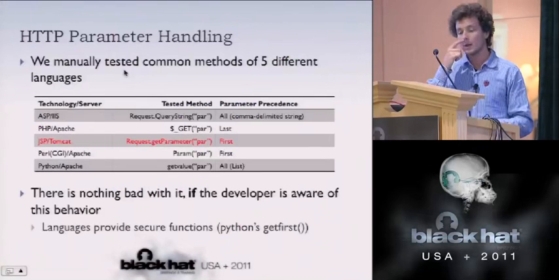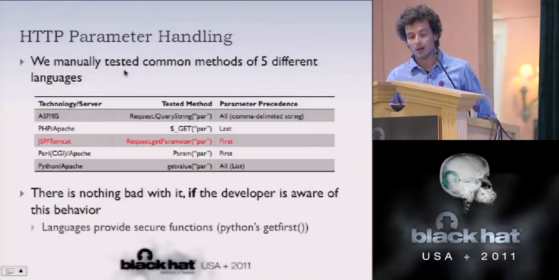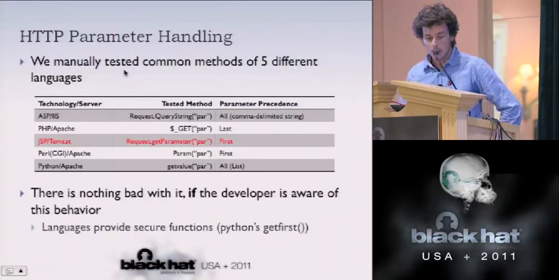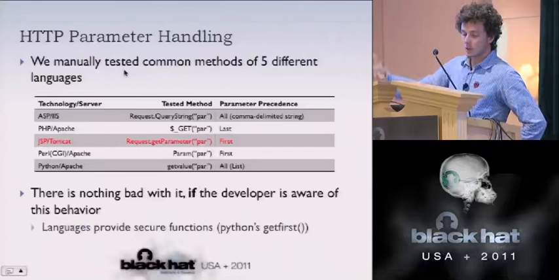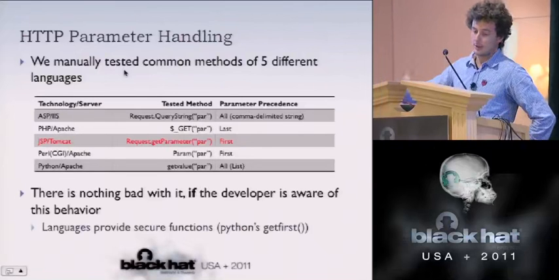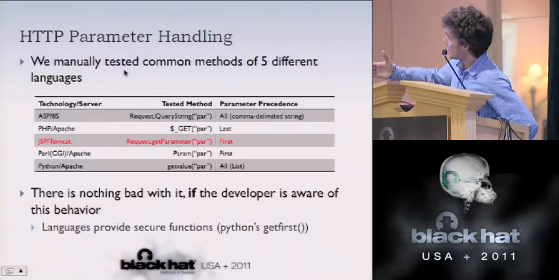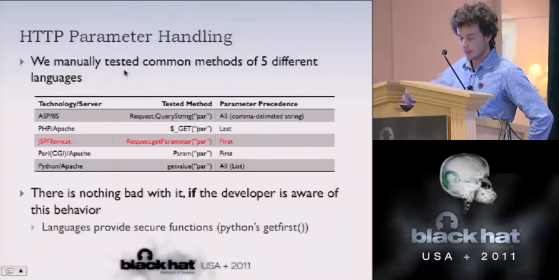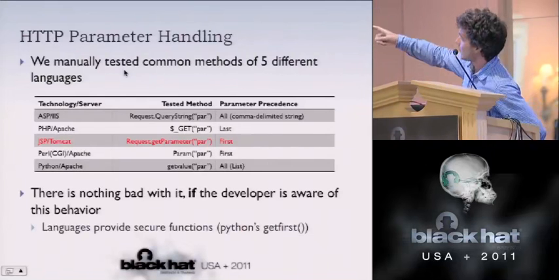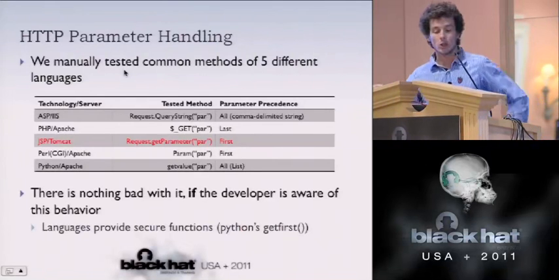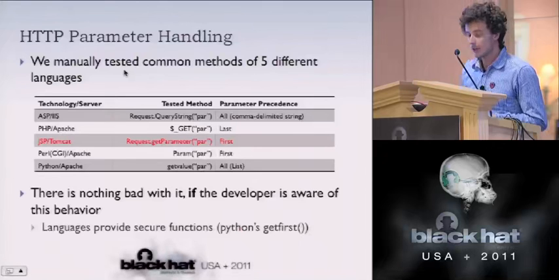So what we did was manually test five common methods, as you can see here in the table. Depending on the technology you are using and on the type of server, you can have, for example, the first parameter being considered, as in the case of Tomcat, where it's red, or the second one, or actually all of them considered.